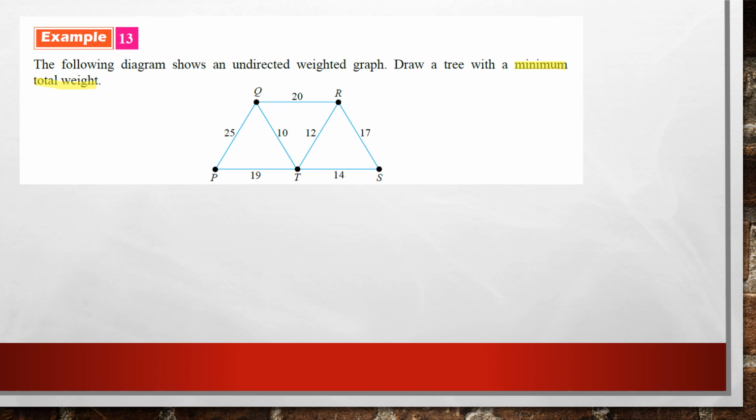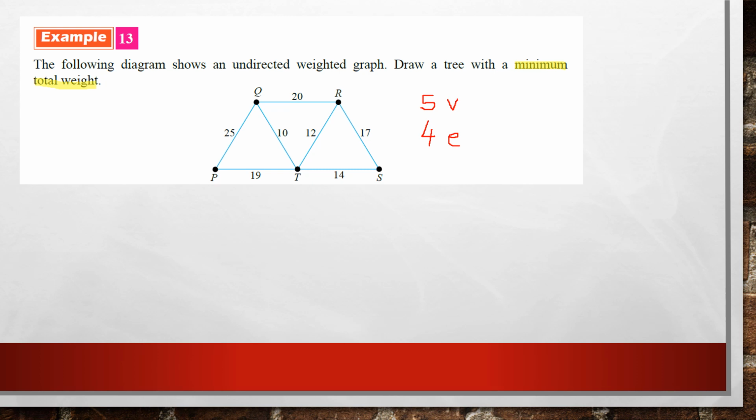First we identify how many vertices. You have 1, 2, 3, 4, 5 vertices. When you have 5 vertices, following the condition, you must only have 4 edges.